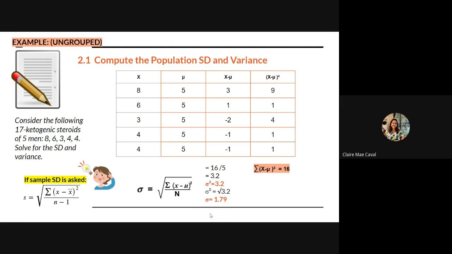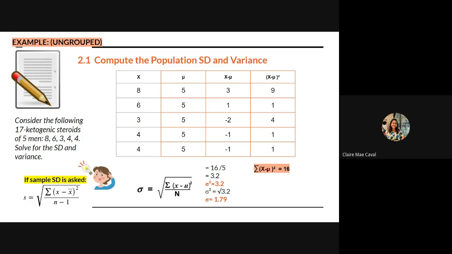When you say variance, this is the square of your standard deviation, which is your population variance, and this one is your population standard deviation. Again, class, your variance is the square of the standard deviation, and the standard deviation is the square root of the variance. For example, 9. If we square 9, 9 times 9, that's 81.